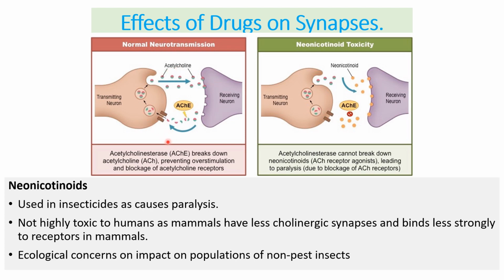But what happens here is that the acetylcholinesterase cannot break down the neonicotinoids, and that leads to a blockage of the receptors. So the receptors are blocked, and therefore you get paralysis as a result.